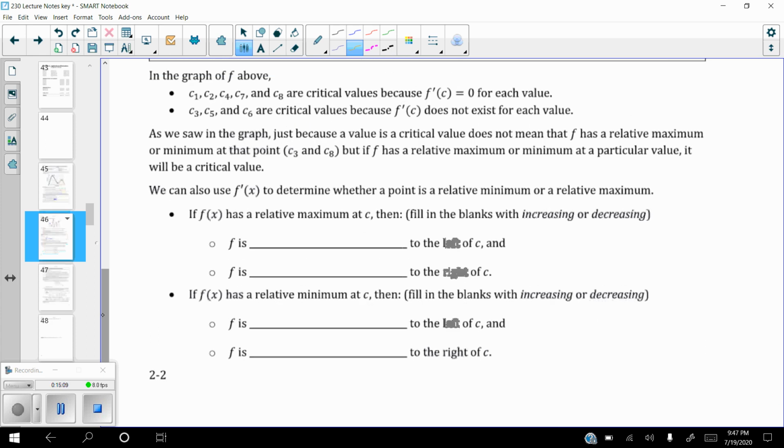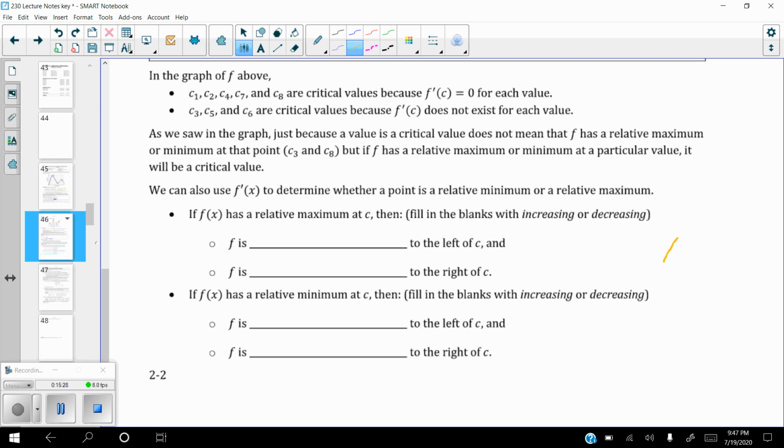Okay. So we can also use f prime to determine whether a point has a relative max or a relative minimum. And in general, here's the idea. If f has a relative maximum at c, and I'm going to sketch this down here, think about this.